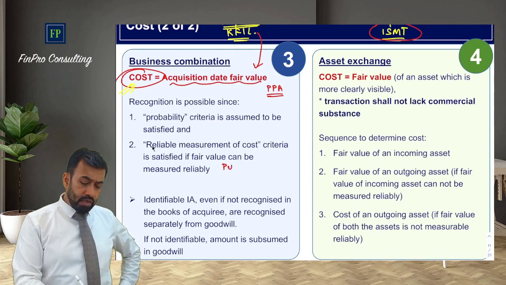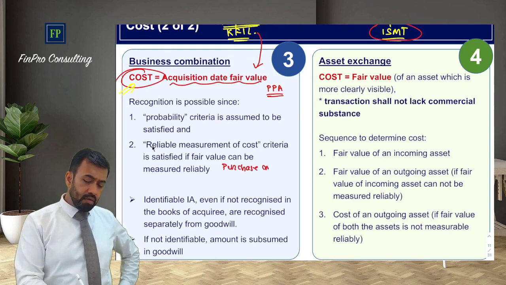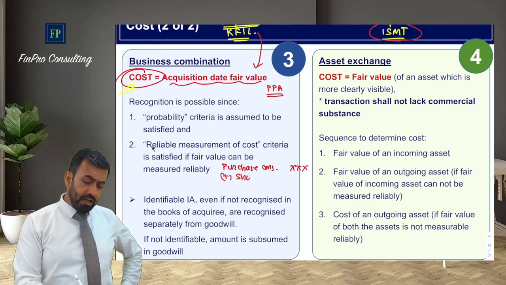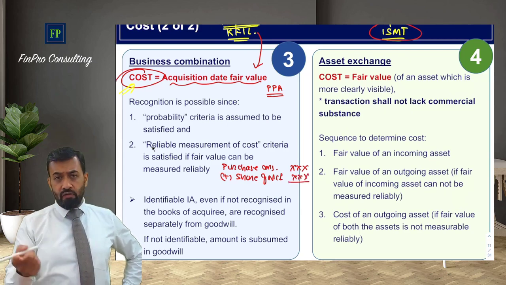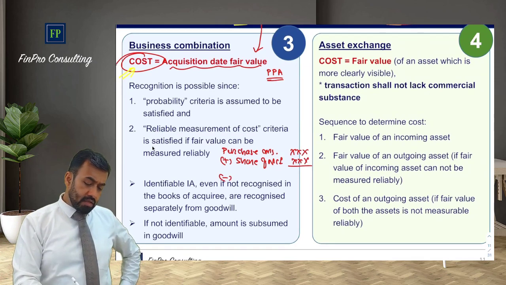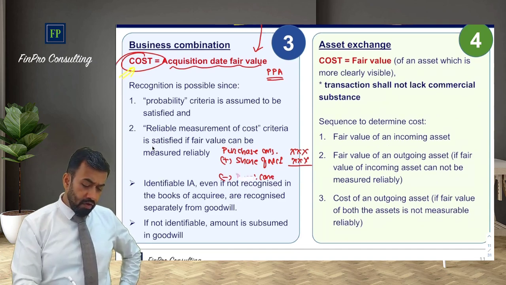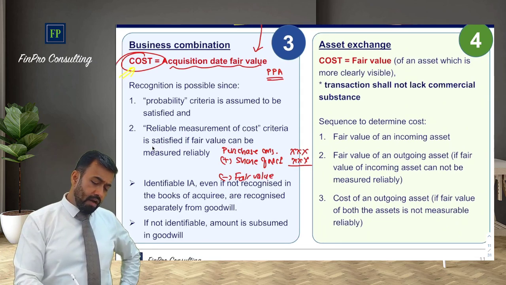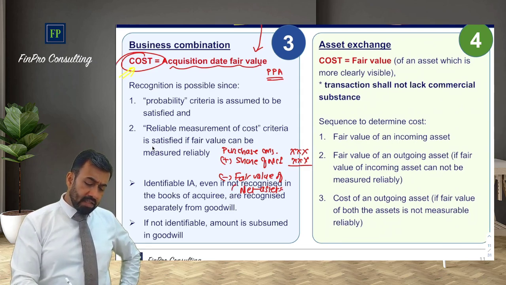We say purchase consideration, X amount, plus share of NCI, either at proportionate share of fair value of net assets or at fair value of the equity share, less fair value of net assets. This fair value of net assets is identifiable net assets.